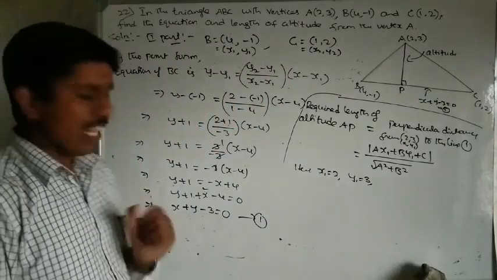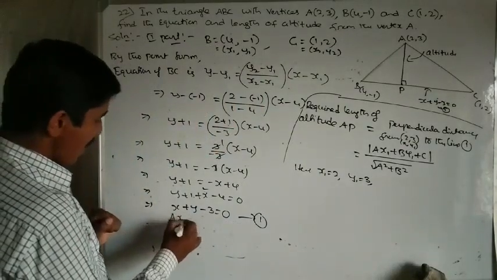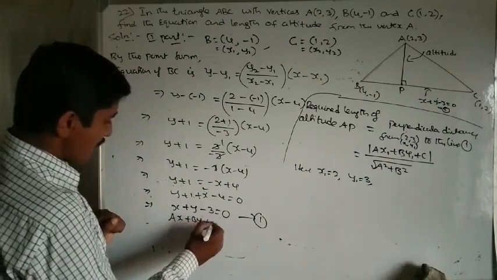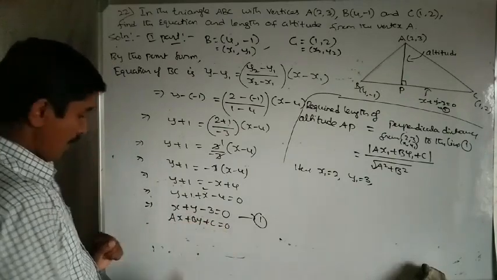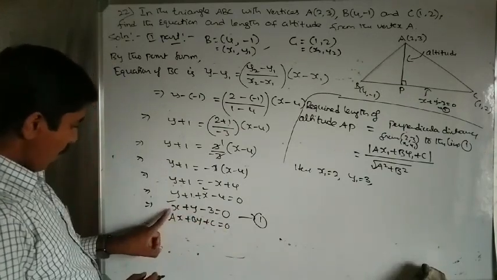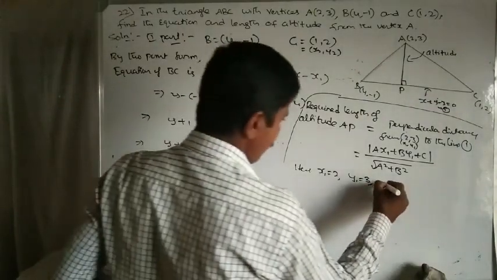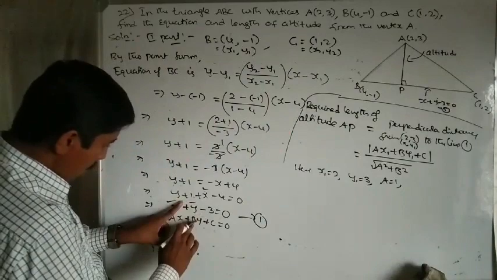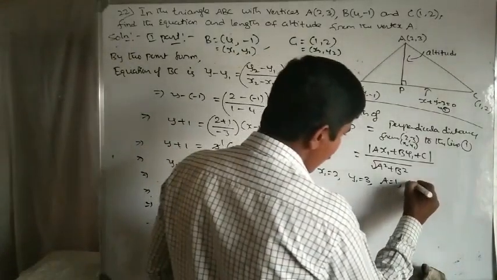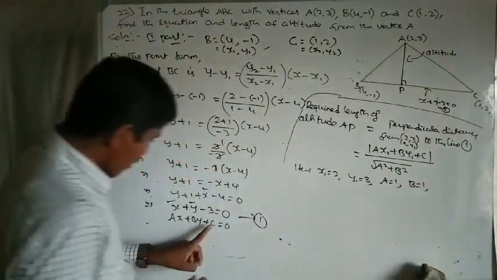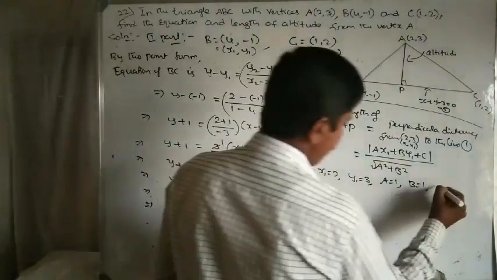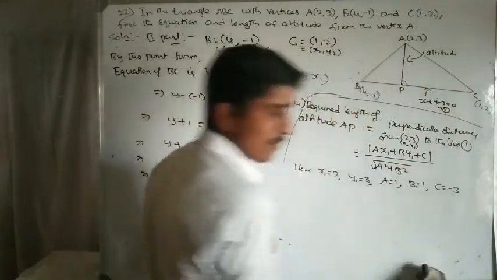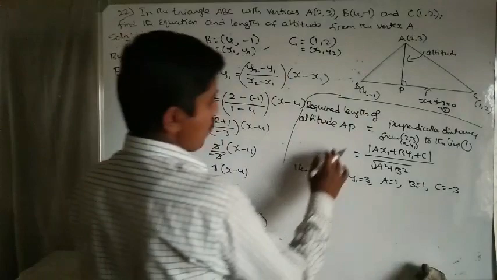Compare this with the general equation Ax plus By plus C is equal to 0. The x coefficient A is equal to 1, the y coefficient B is equal to 1, and C is equal to minus 3, the constant. Substitute these values.